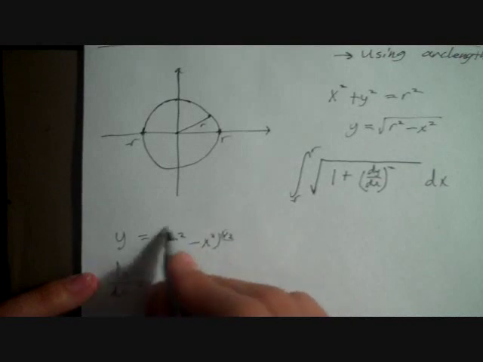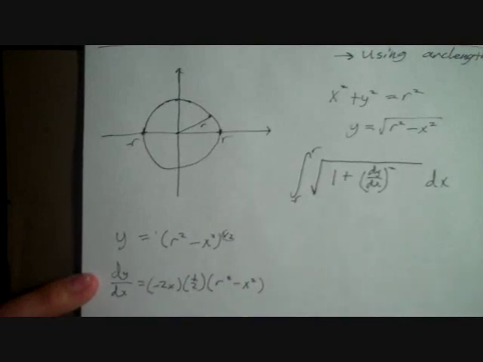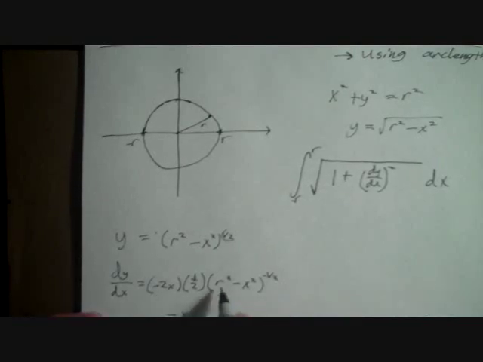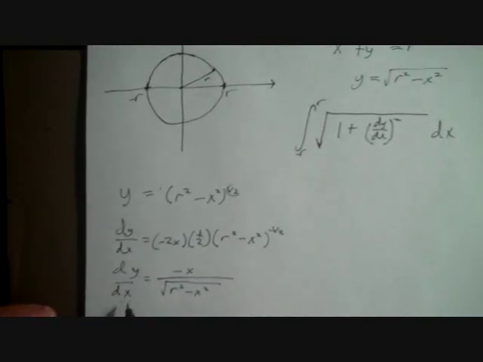Well, take our exponent, drop it down, and we'll have our original function, r squared minus x squared, raised to 1 less than our exponent, which is negative 1/2. So let's simplify this. Well, 1/2 times negative 2x, that's negative x. And instead of saying r squared minus x squared to the negative 1/2, let's just say that's the square root of r squared minus x squared, all under our negative x. So we know that this equals dy/dx.